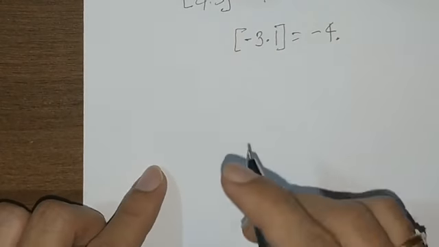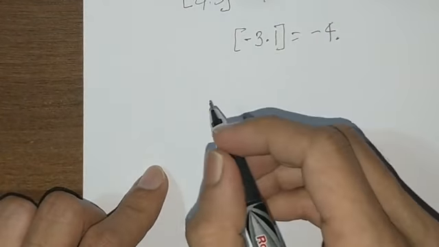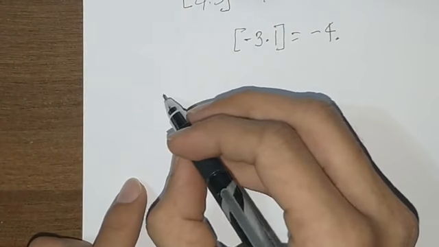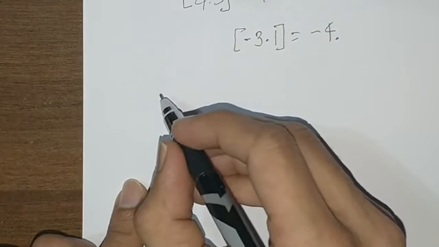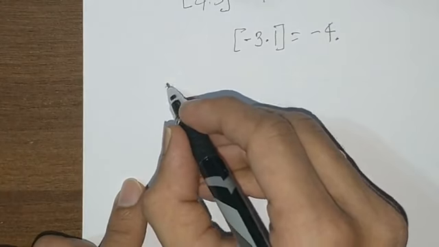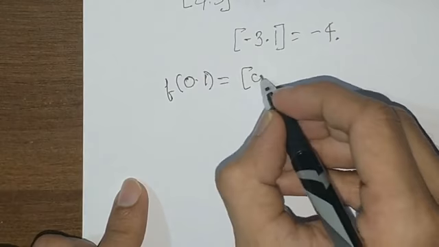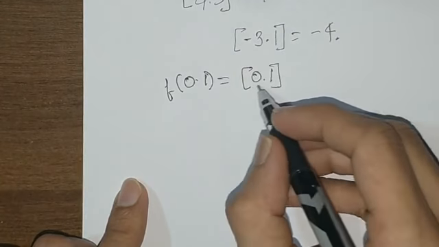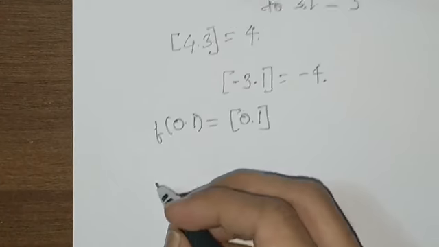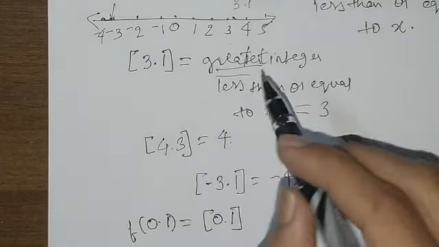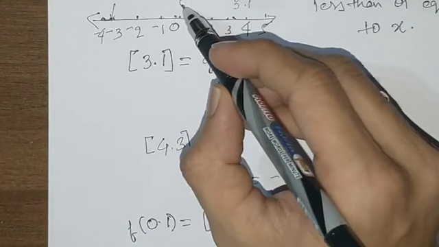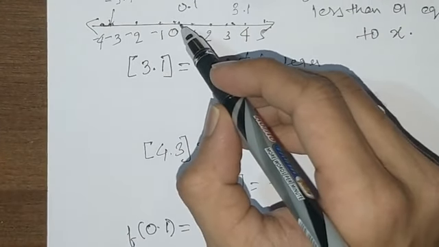Now we have to prove that the function is neither one-one nor onto. It looks like this function is not one-one. Why? Because if you take f of 0.1, which is the greatest integer less than or equal to 0.1, on the number line 0.1 is here, greater than 0.